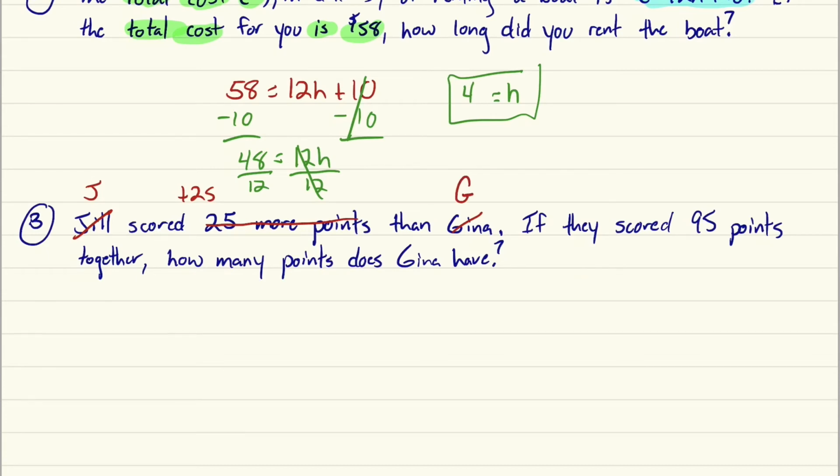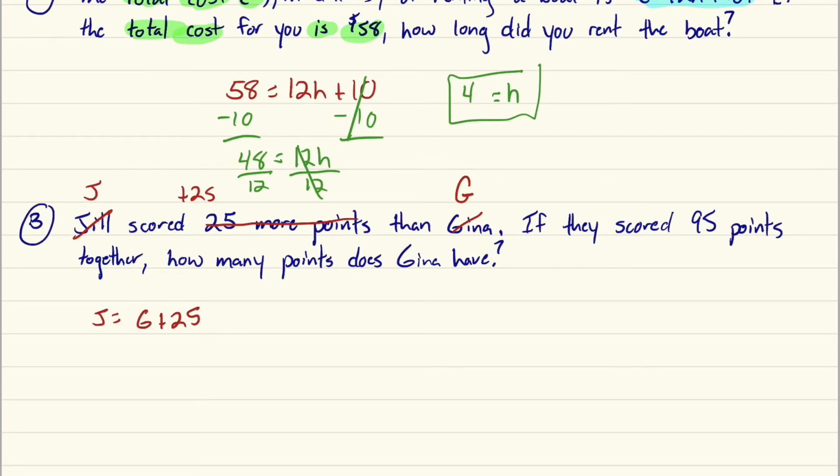So if Jill scored 25 more points than Gina, then I know that Jill has Gina's score plus 25 points. All right, so now that's the first sentence.